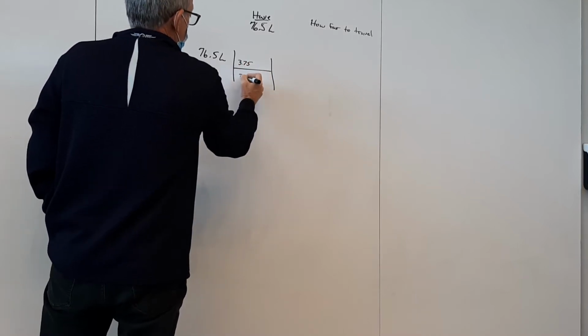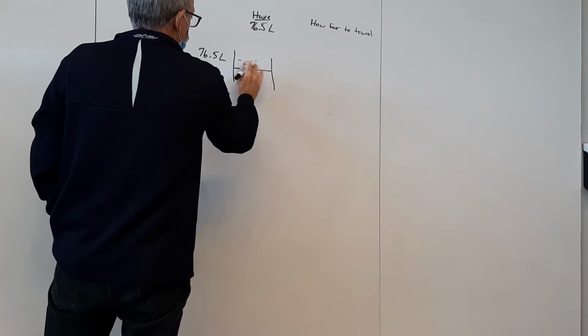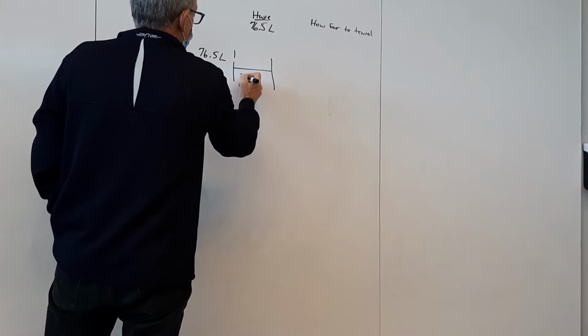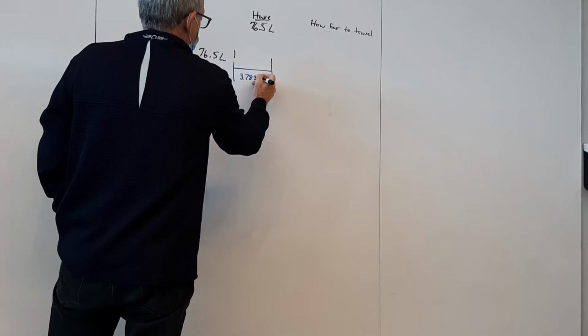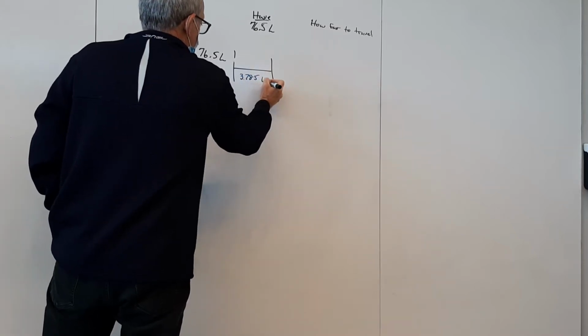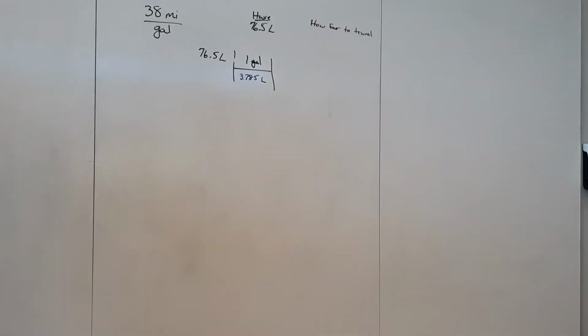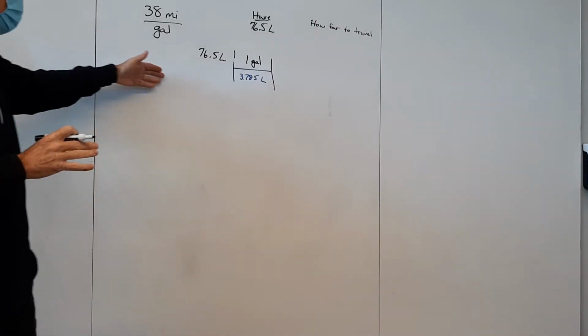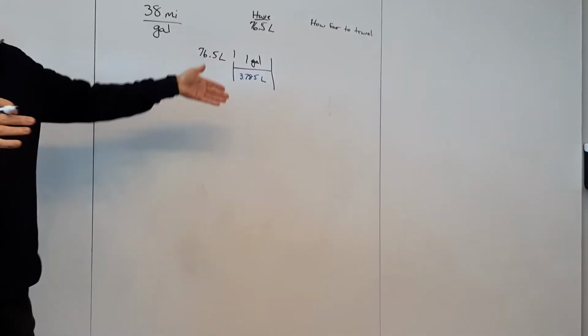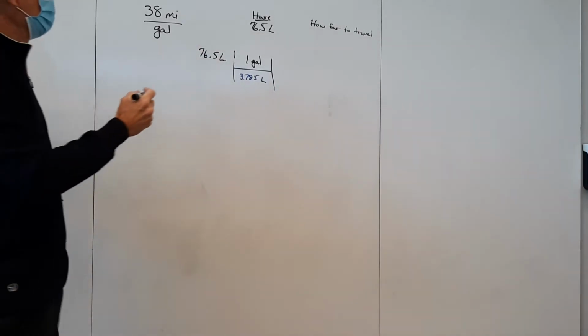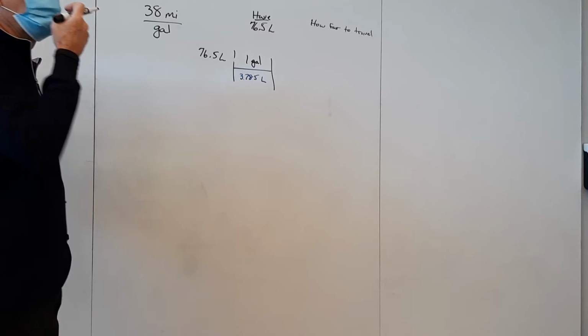I think it's 3.785. 3.785 liters per 1 gallon. Now, if you get different ones, that's okay. We'll talk about significant figures in a minute. This is going to give me the number of gallons. And then with that answer, what do I want to do?